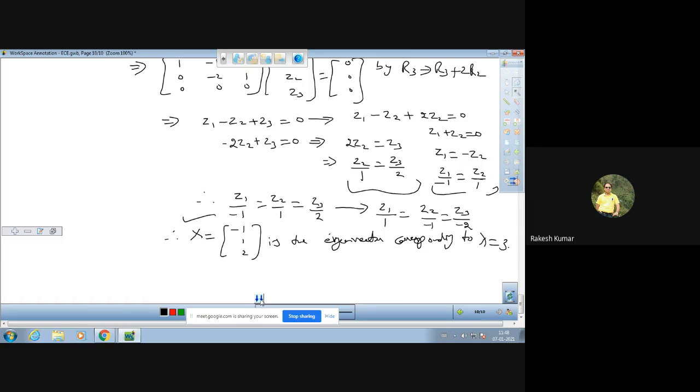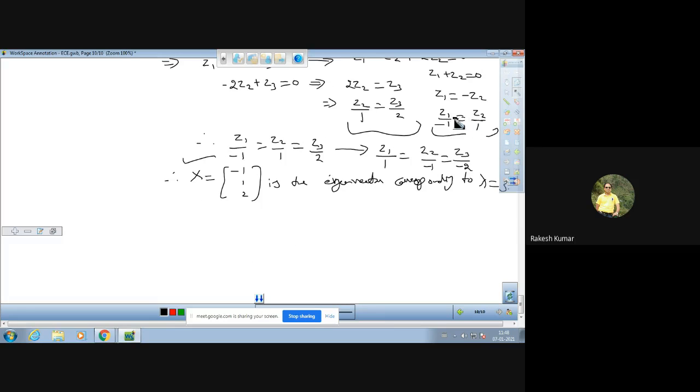Because there is confusion about under which we have to take a negative 1, either with this or with this. So there is no confusion about that. If you multiply it by minus as well, then the eigenvector becomes 1, minus 1, minus 2. So if we multiply this eigenvector by minus, this comes. So you can write either of the two, you can take this or that. So both are correct. Do not be confused about this.